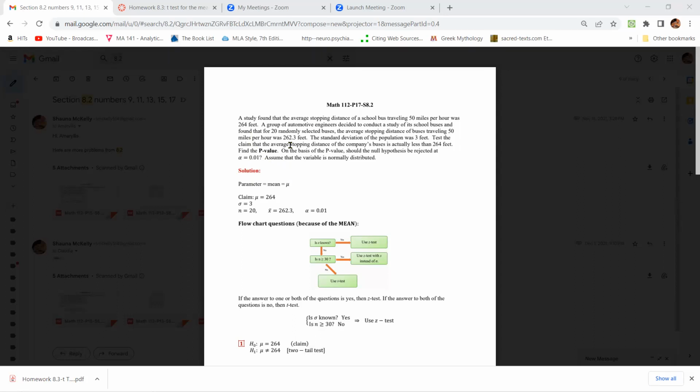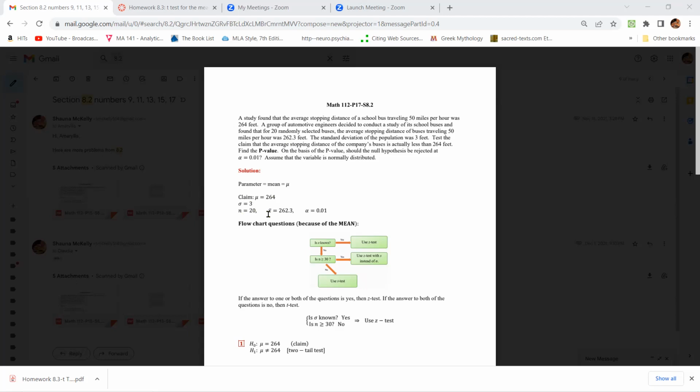A group decided to conduct a study that for 20 buses, the average stopping distance was 262.3. There's your X bar there. So N is 20, as I mentioned. X bar is 262.3. Your sigma, your standard deviation of the population, you still have, which is 3 feet, okay?